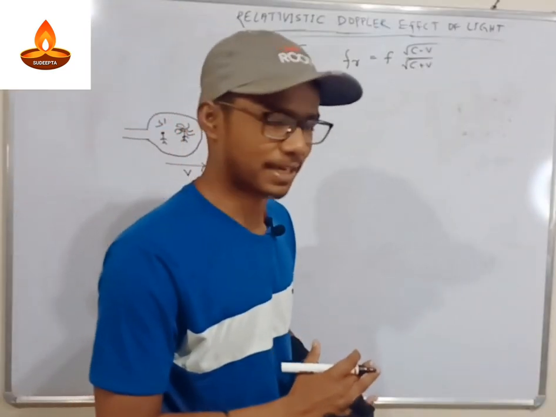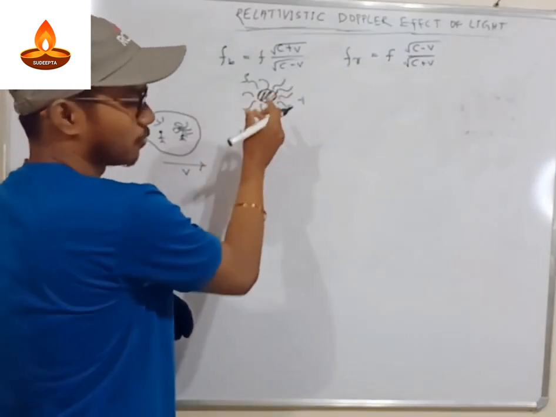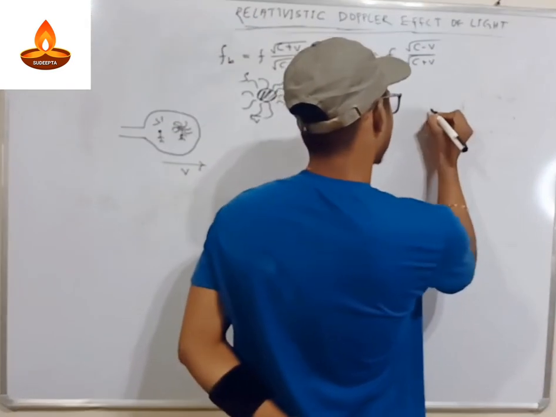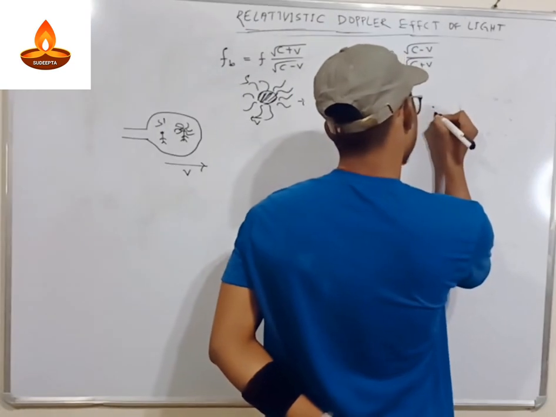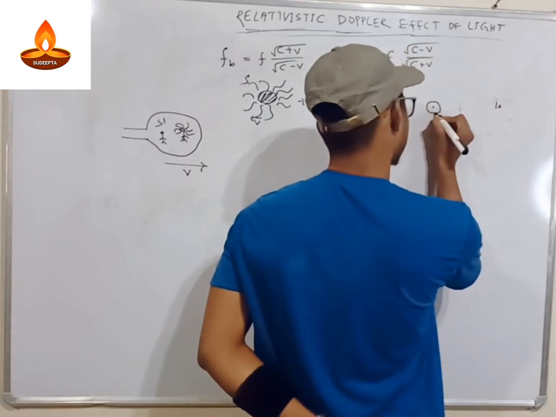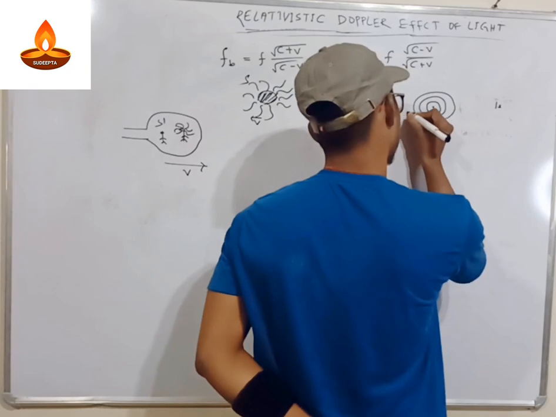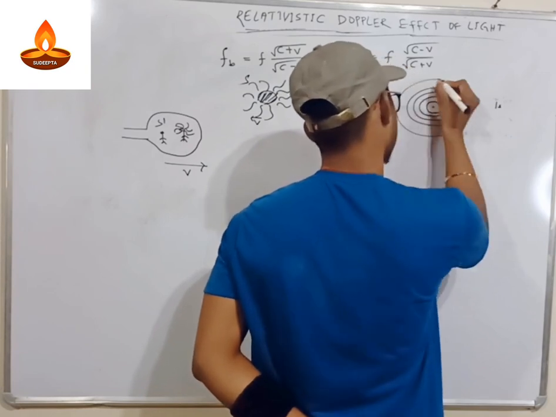How the Doppler effect works: before we see this, what happens here? What is this source doing? Let's say this source creates a first wave in 1 second. In 1 second, it creates the first wave, second wave, third wave, fourth wave, and fifth wave.